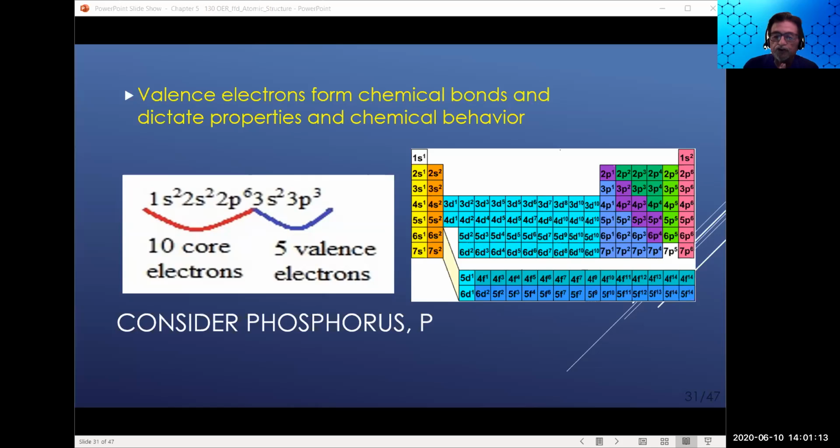Now, what this chapter is all about is the electrons. In the previous chapter, we talked about the model of the atom and how the model came up, to determine that we had a nucleus, and in the nucleus were protons and neutrons, and then the electrons were kind of haphazardly placed somewhere around the atom.